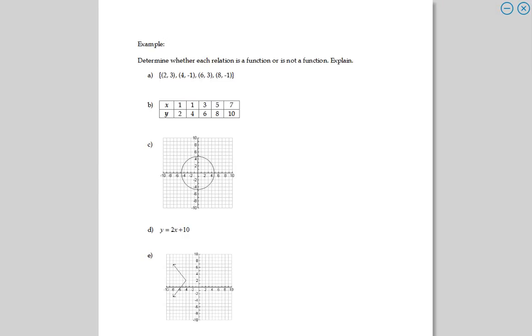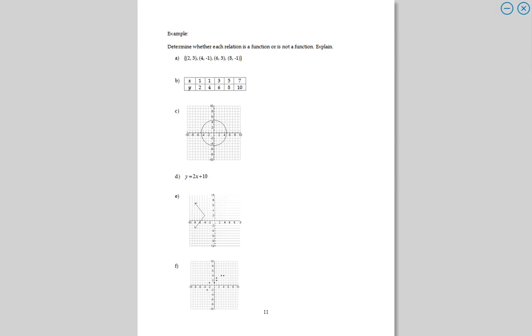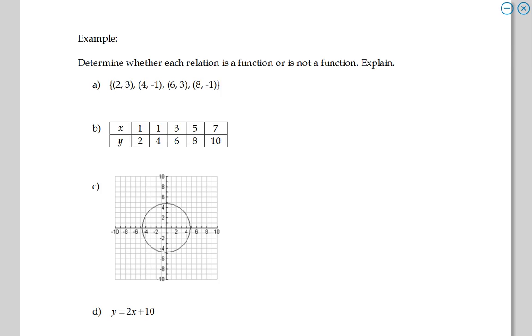All right, so let's do these ones. And you'll get at least a multiple choice question out of this stuff for sure. Okay, so the first one is a function. Each x has only one y.